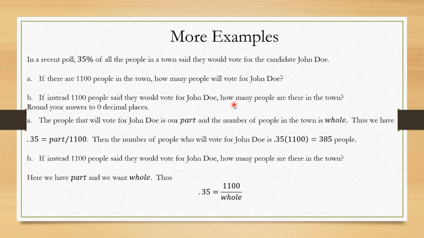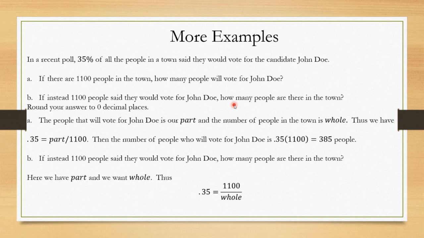So if you have, let's say, 1,100 people in town, you could calculate how many people are going to vote for John Doe. The people that are going to vote for him, that's your part. The people in town, that's your whole. So 35% of all the people.